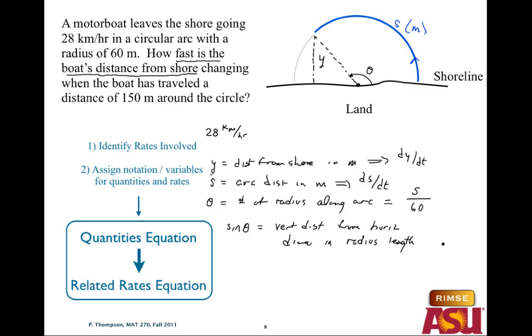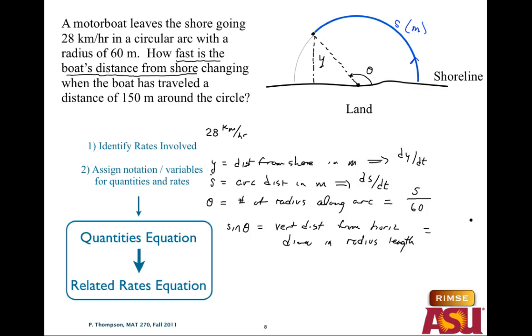Okay? So now how can I write what sine theta is? How many radius lengths is that? If we're y meters up from the shoreline, how many radius lengths up am I? That'll be sine theta.